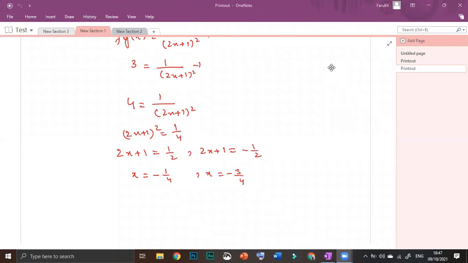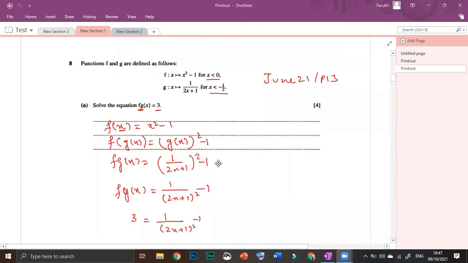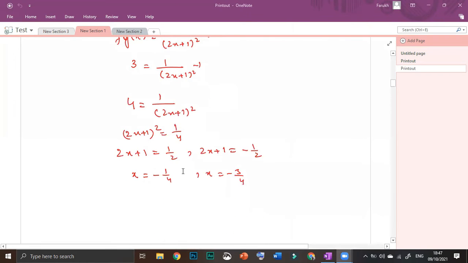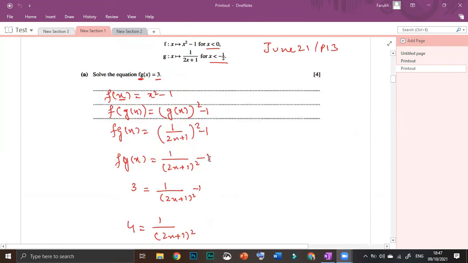Now we will check these answers. x is equal to minus 1 over 4 and x is equal to minus 3 over 4. Are they in the given domain or not? The given domain is x is less than 0 and x is less than minus 0.5. Now x is equal to minus 0.5 is not in the given domain.